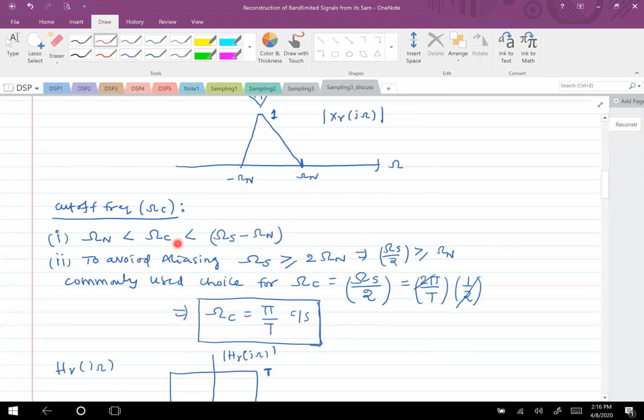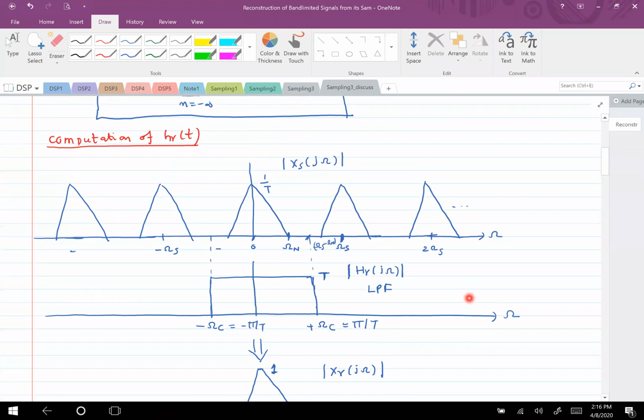And again, if you want to avoid aliasing, omega s should be at least twice, and preferably more than that, the omega n, the maximum frequency you have. In other words, you take a value in between 0 and omega s, because this is symmetric, so somewhere in between you take it.